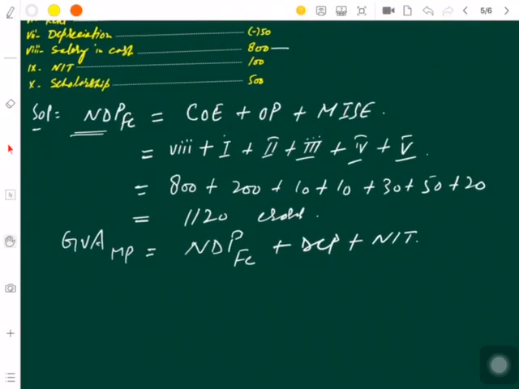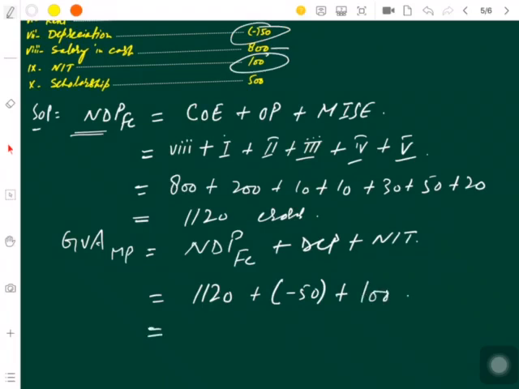So how would it be done now? NDP at FC is equal to 1120. Depreciation has been given directly, 50, plus NIT, which is minus 50, plus 100, which gives 1170 crores.